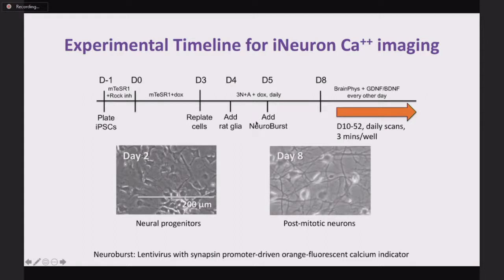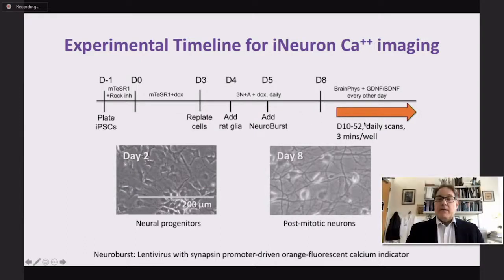We add the virus with the calcium indicator and give the doxycycline to induce the cells to become excitatory cortical neurons. And then beginning day 10, going for 42 days, we scan them every day. This is what the progenitor cells look like 2 days after doxycycline. By 8 days, they're forming nice neurons with beautiful processes.